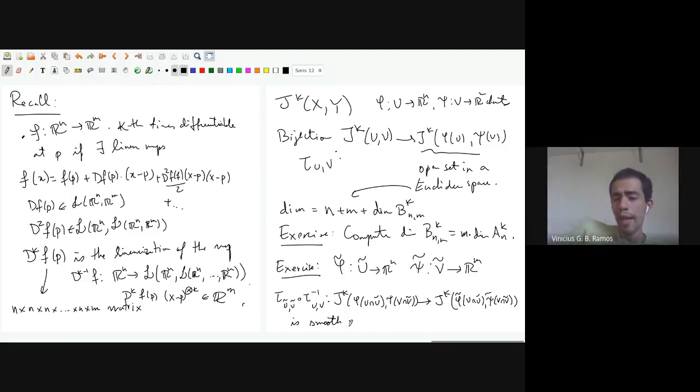Okay. And again, this is an exercise about understanding Taylor polynomials and applying the chain rule. So it's a little tricky, but it's not very hard. It's basically understanding this part here and then using the chain rule.